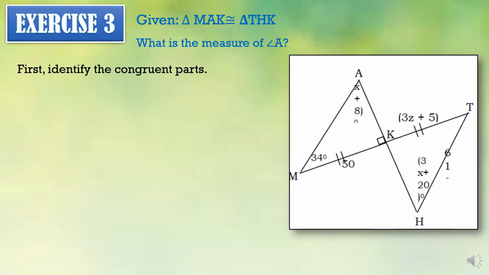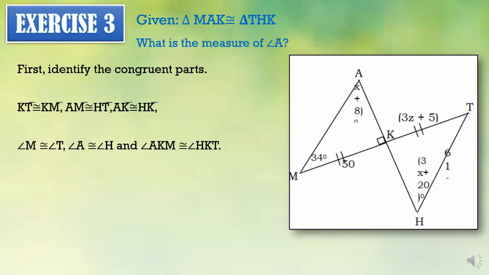First, you have to identify the congruent parts. Line segment KT is congruent with line segment KM, line segment AM is congruent with line segment HT, and line segment AK is congruent with line segment HK.